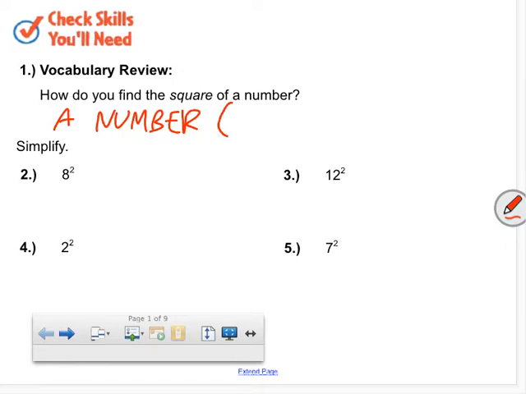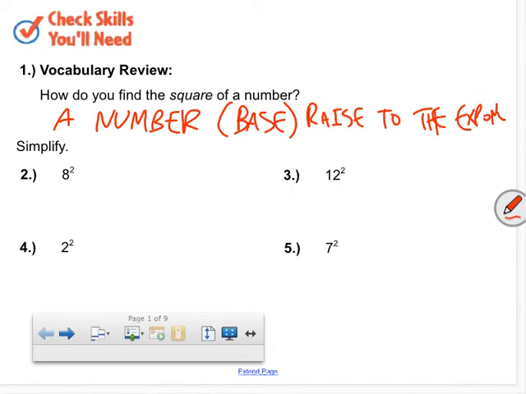We say the number is the base raised to the exponent of 2, or second power. Okay, so just like we say square, we're really saying second power or raised to the exponent of 2.